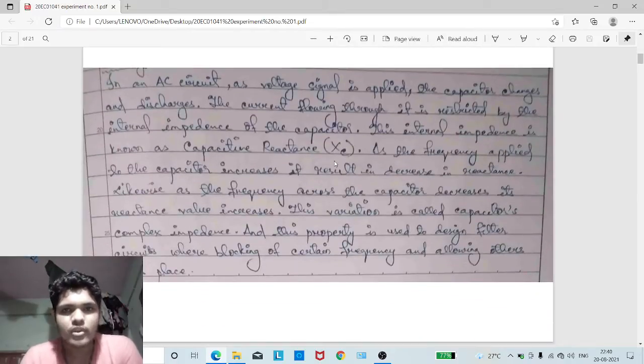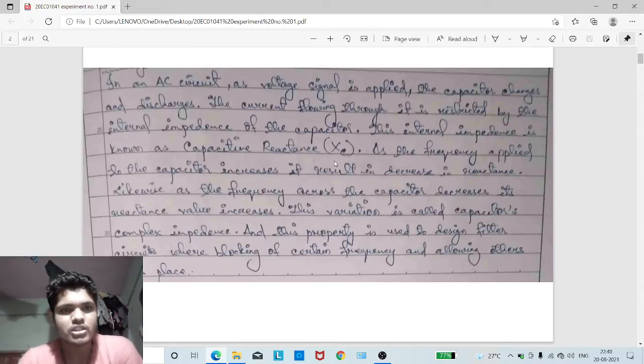So here in an AC circuit, as we are applying the voltage signal, the capacitor charges and discharges, and the current flowing through it is restricted by the internal impedance generated due to the capacitor.